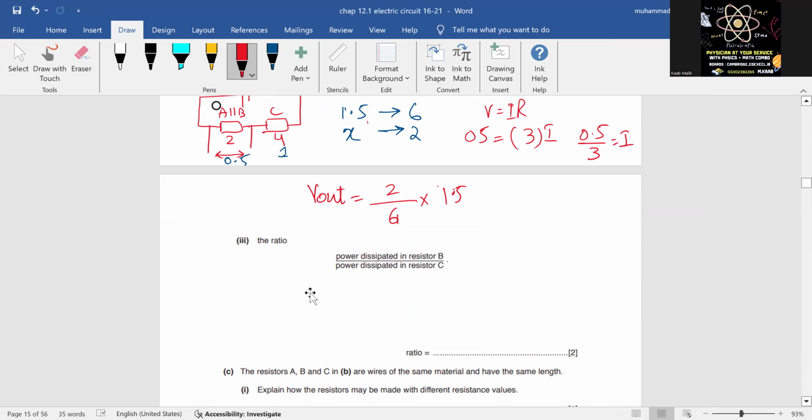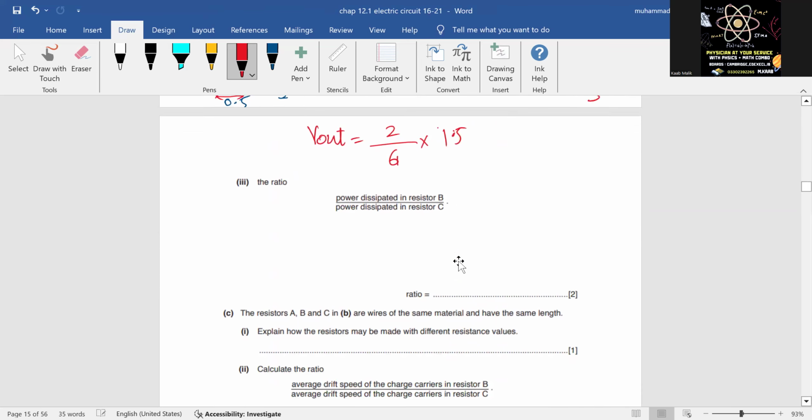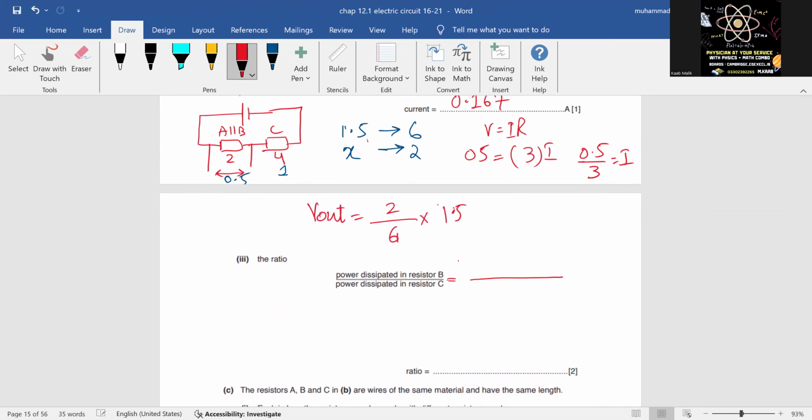So for power dissipated in B, I am using I squared R, right? And for power dissipated in C, I'm again using I squared R, right? But all the quantities are different.